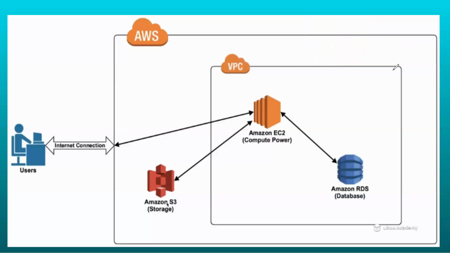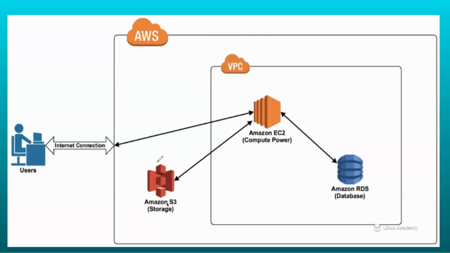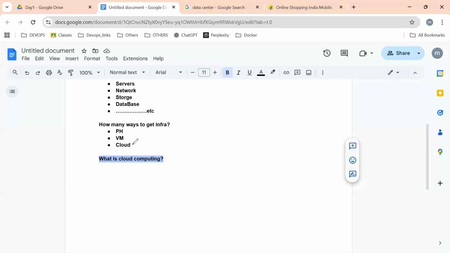Okay, fine. So what is a VPC? VPC is nothing but a network. EC2 is nothing but a server. RDS is nothing but a database. S3 is nothing but storage. Let me write it down here.